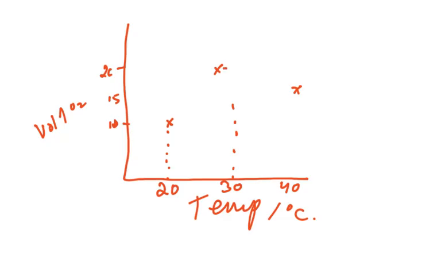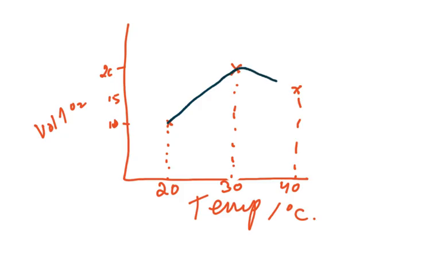Let me just put it a little right. So at 30 I have this value here, and at 40 we have this value here. Now if I connect these points, I'm going to show you how there's an error here.